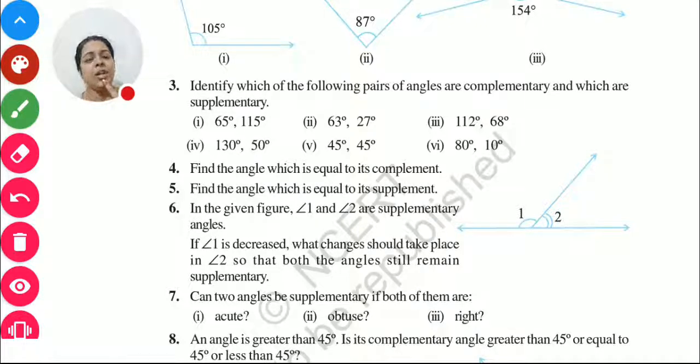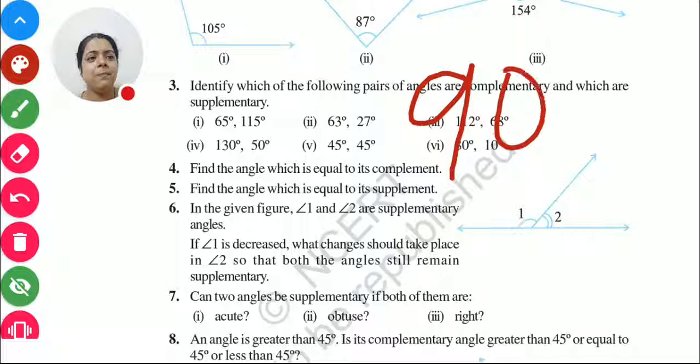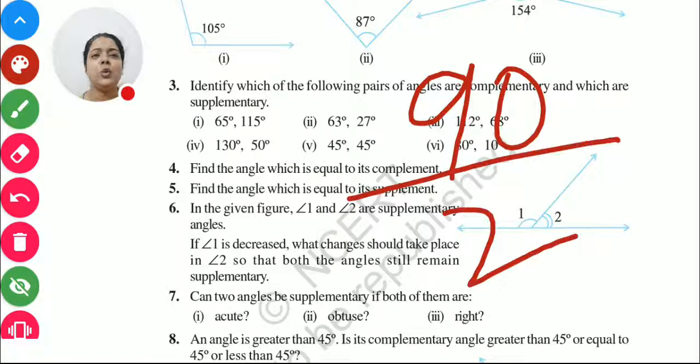So now the question is, which two angles must be added to make 90 degrees, and the angles are supposed to be the same. So I want 90 degrees, and I want both the angles to be equal. So I'll divide it by 2. What will the answer be? Exactly, 45.